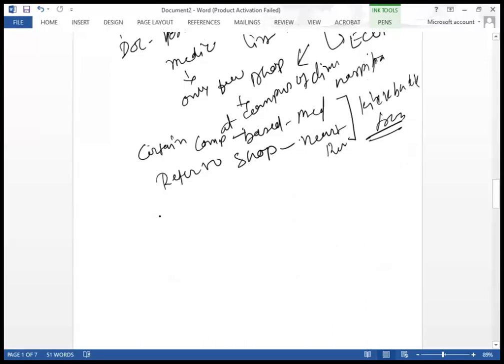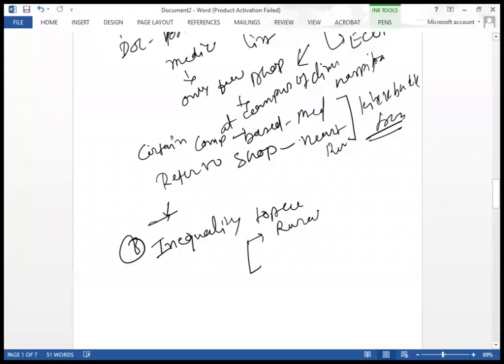And this second point leads to the third point. Because of this commercialization and rising cost, healthcare becomes inaccessible to the poor, meaning inequality of access. There are two ways of inequality. First is the rural-urban divide, because of infrastructure and income.